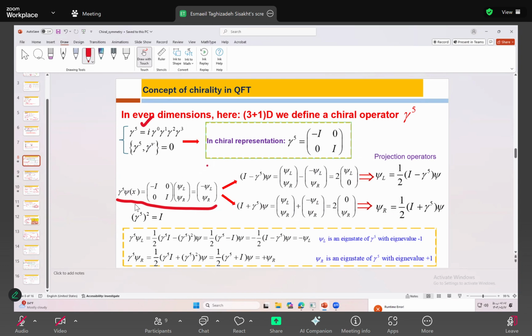Please keep this page in your mind, and everything here is similar. I mean, the philosophy of the algebra is very similar.